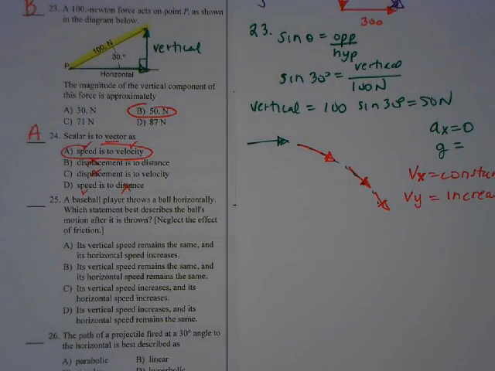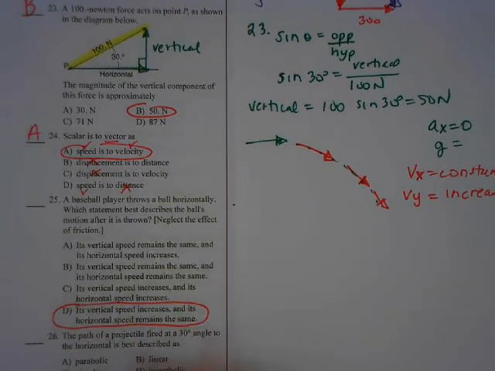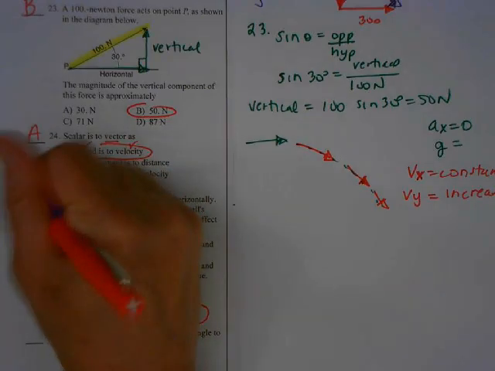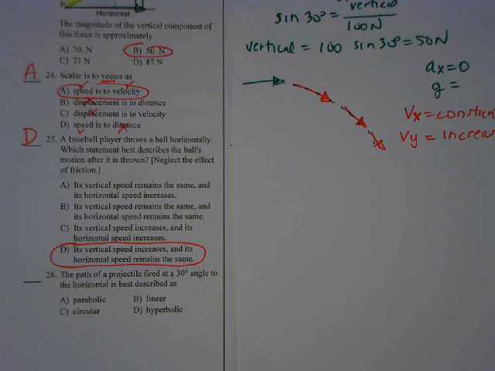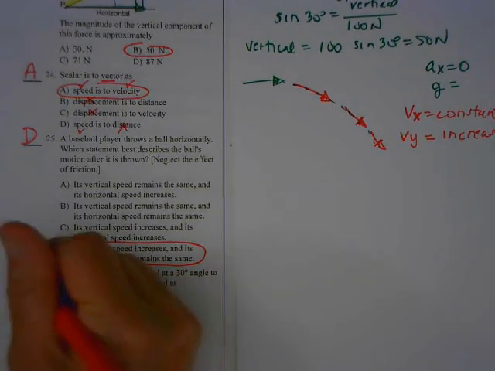So the answer to number 25 is D, its vertical speed, and it says speed because velocity would mean the direction. So its vertical speed increases and its horizontal speed remains the same because it's constant. So the answer is D. And there's pictures of this in the notes. The path of a projectile fired at a 30 degree angle is best described as parabolic.